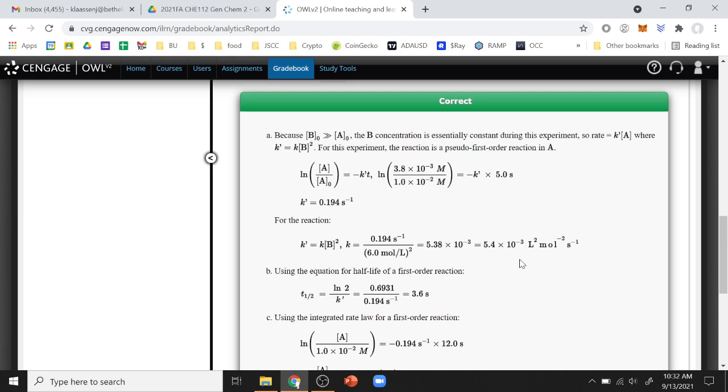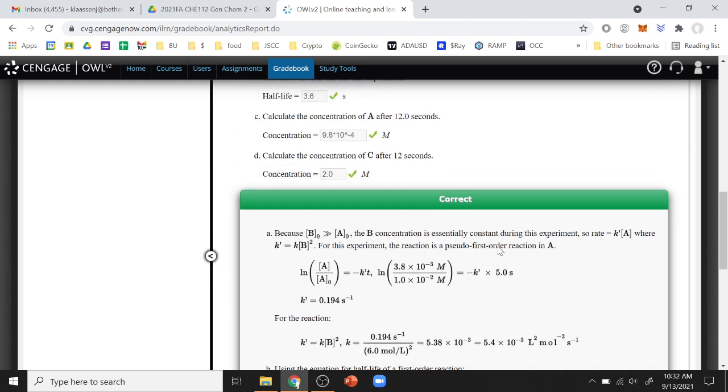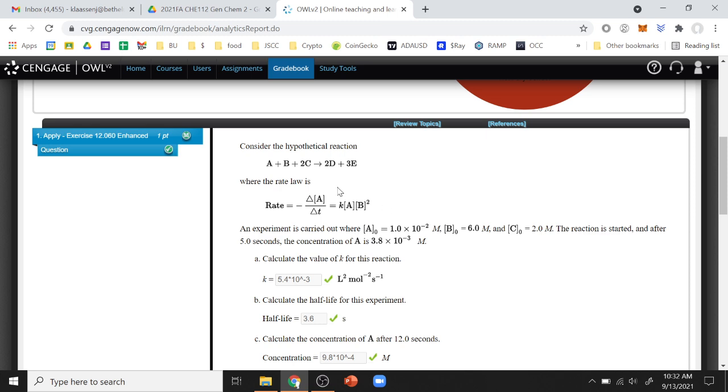Okay. Our units, if you're ever trying to figure out the units, the easy way to do this is to go back up to your rate law, okay? So remember, your K has to cancel out most of the units for your rate law. And you have to be left with some form of molarity over time, right? So that concentration over time, okay? And so here we would have, well, that is molarity, right? This would be molarity squared. That means total, this would be molarity cubed here, right?